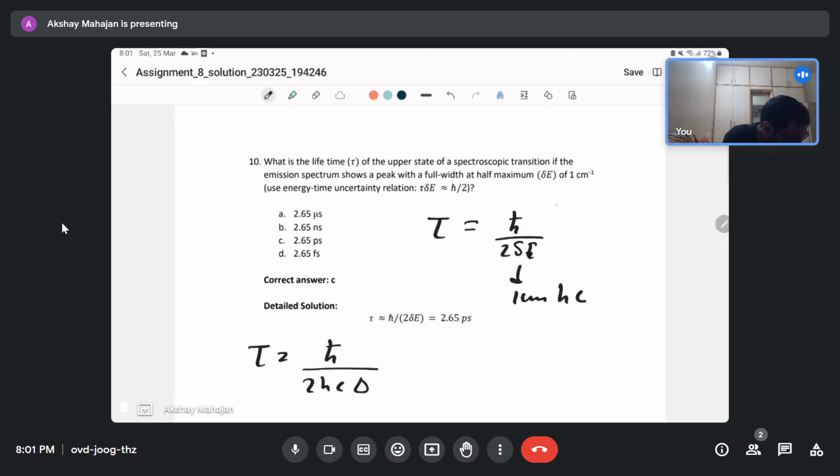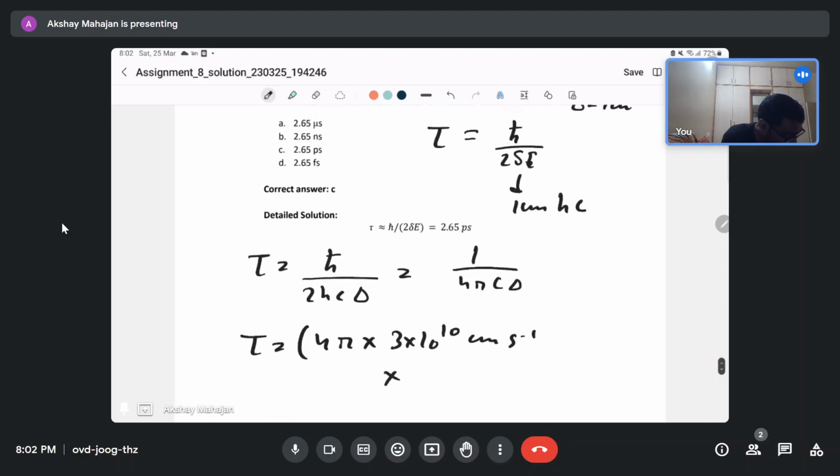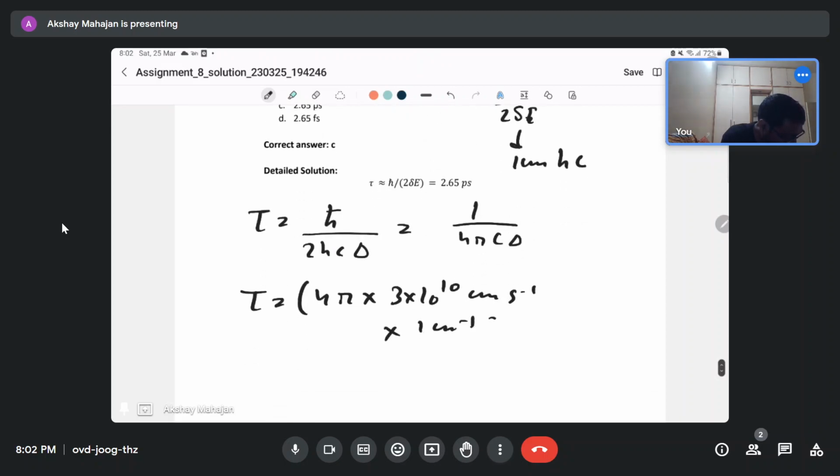Your delta is given by this 1 centimeter inverse here. So that will be equal to 1 over 4 pi c delta. Alright, and let's just find this. So you can find that it equals 1 over 4 pi times 3 into 10 to the power 10 centimeter per second times delta, given as 1 centimeter inverse.